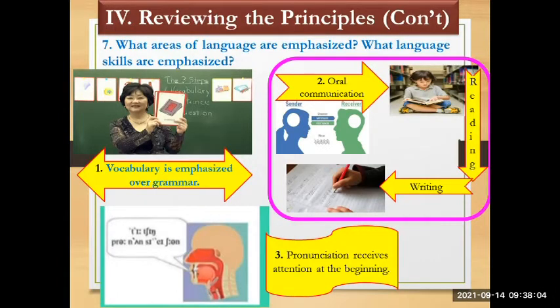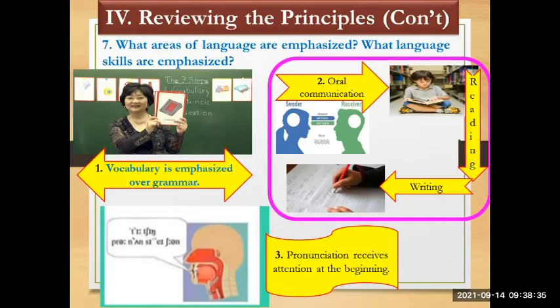In talking about the abstract vocabulary, it is taught by association of ideas. Oral communication skills are built up in a carefully graded progression organized around question and answer exchanges between teachers and students. So one is the receiver, one is the sender, the speaker, through Q&A.